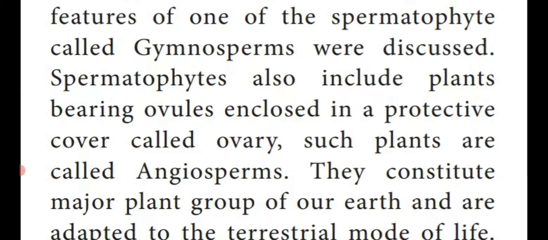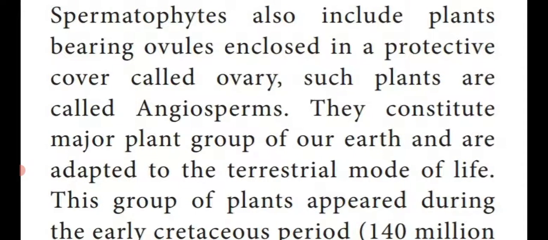That means they are producing seeds, and they are known as angiosperms. Angio means a box-like structure, sperma means seed. So seeds are located inside a box-like structure, that is known as angiosperm.